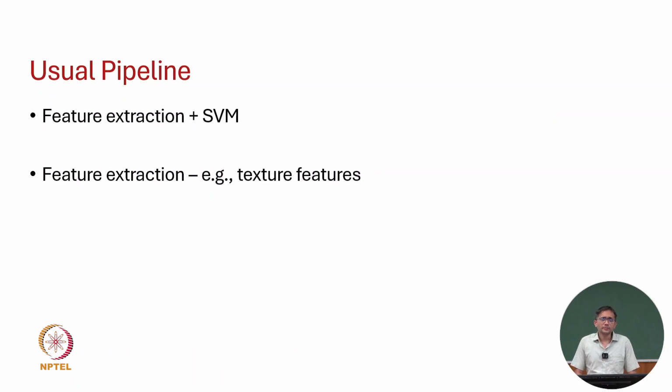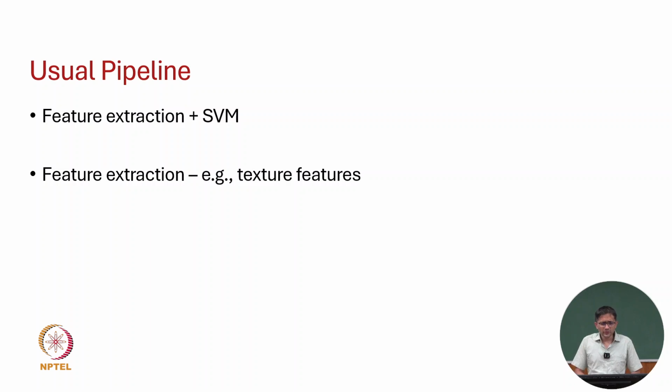So the usual pipeline used to look like this. You will use some kind of mechanism to extract features. I mean, it could also be the case in some cases, let's say we are working with hyperspectral images, that we probably don't even go for feature extraction.